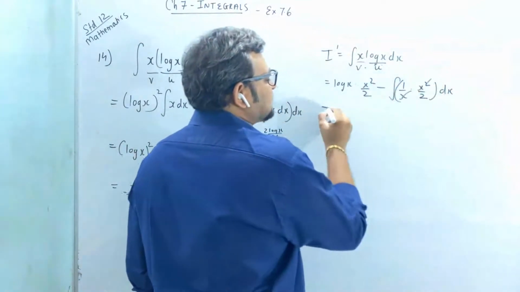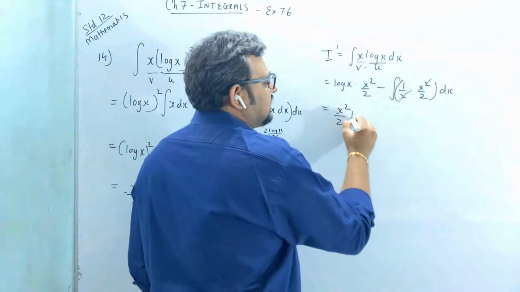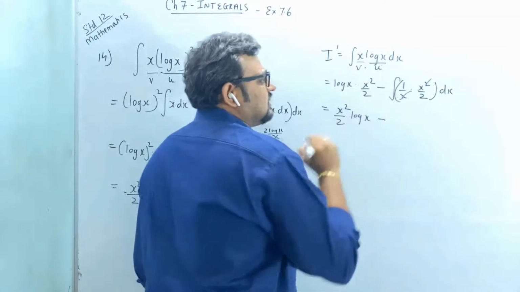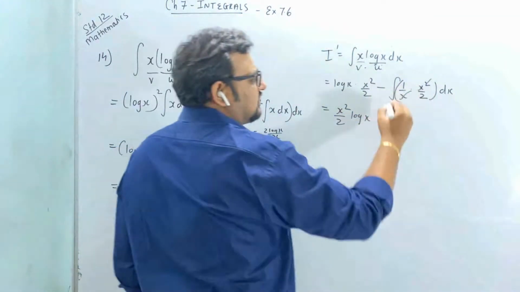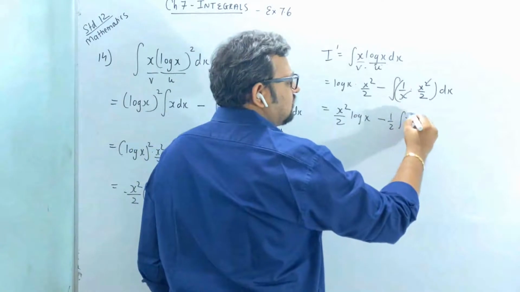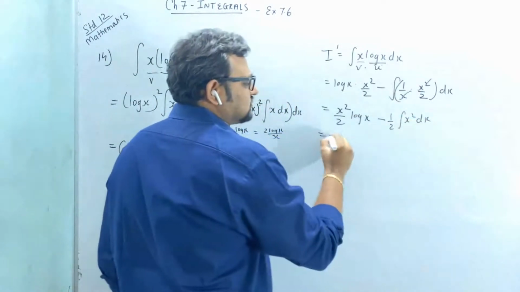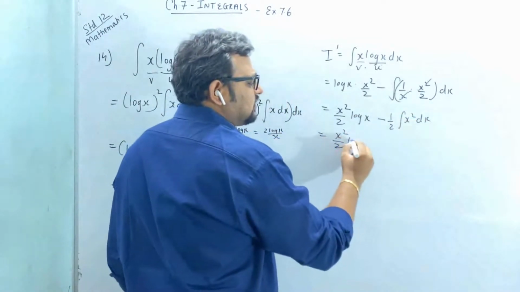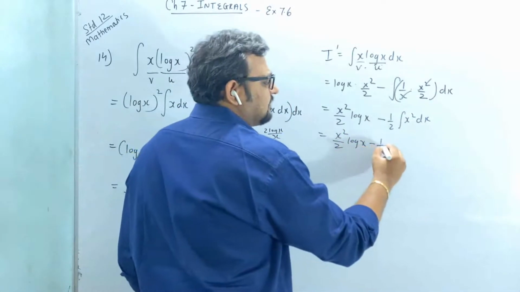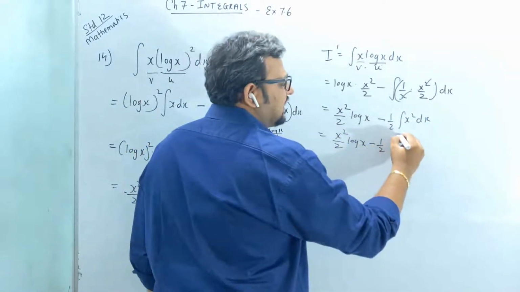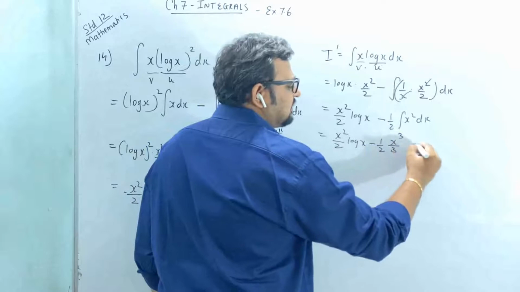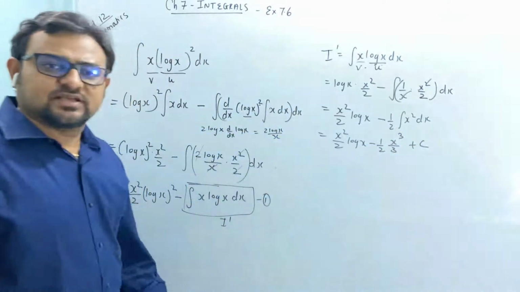The x gets cancelled again: x square by 2 log x minus 1 by 2 integration of x dx. So this will be equal to x square by 2 log x minus 1 by 2 x raised to 2 plus 1, 3 by 3, plus c.